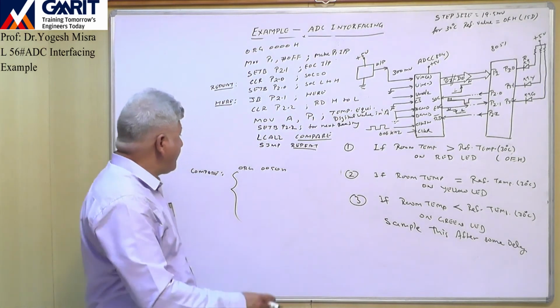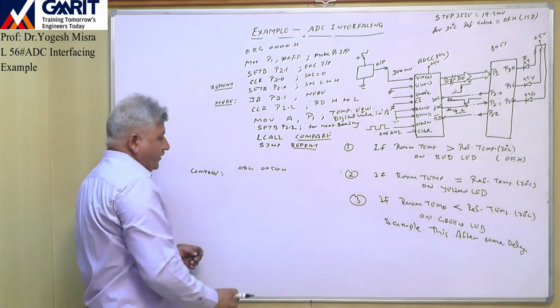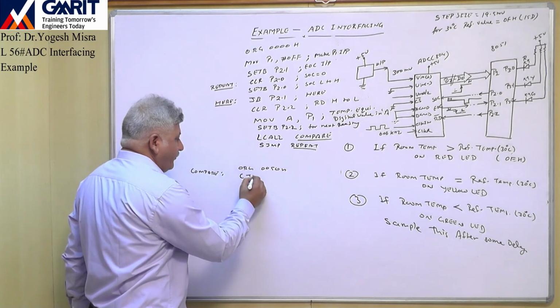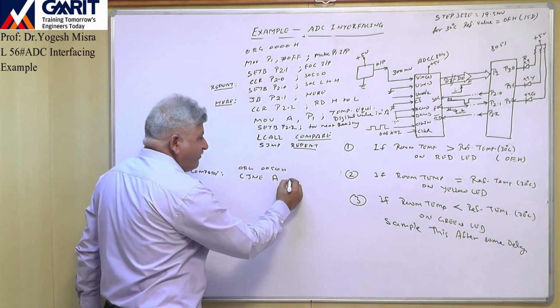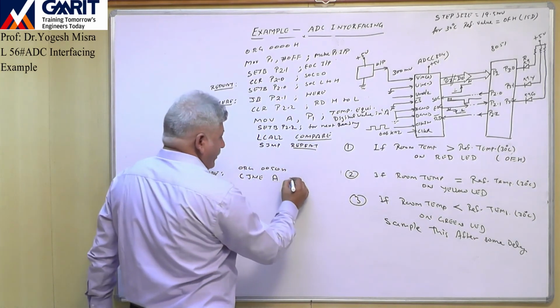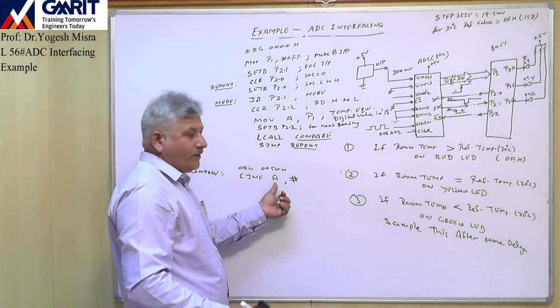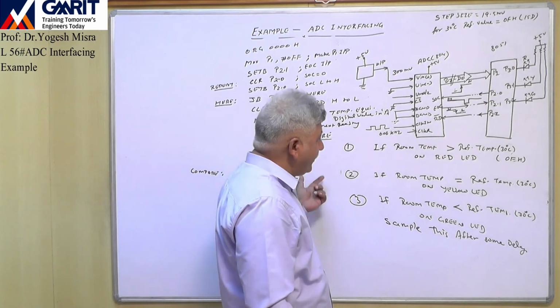Now for the comparison, we will write the instructions here. For this we will simply write the instruction CJNE A, #, where in A we have the sensed room temperature, and it will be compared with the reference temperature.